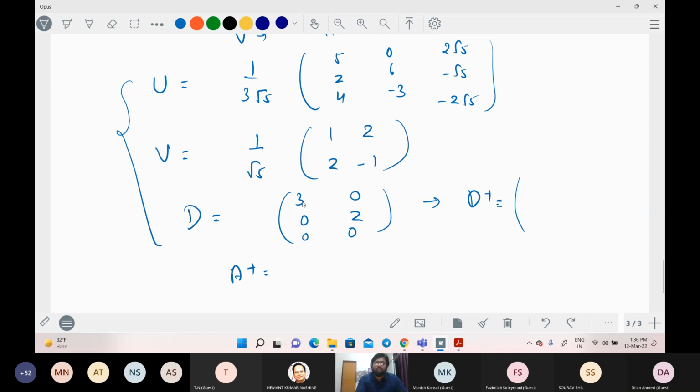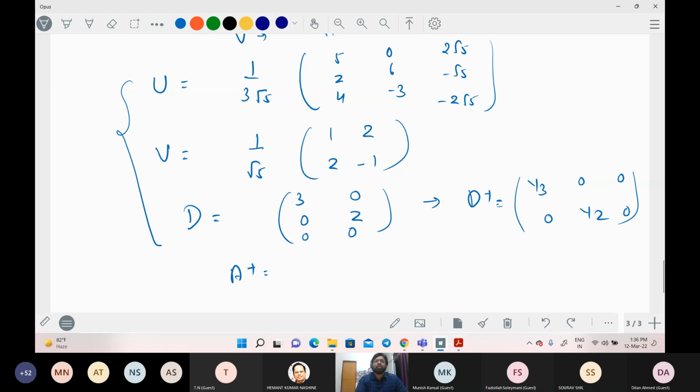If you invert 3, it will be 1 by 3. If you invert 2, it will be 1 by 2. Leave 0 as it is, and then take the transpose.